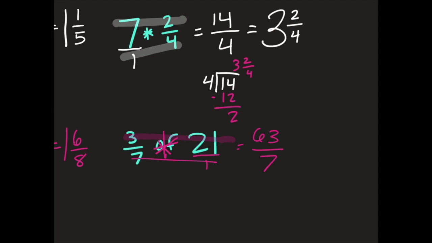And maybe I don't have this memorized here. So I'm going to come and say, okay, 63 divided by 7. Does that seem like a fact in our head? It does. 9. And 9 times 7 equals 63. So when I subtract, I do not have a remainder. So my full answer is 9.